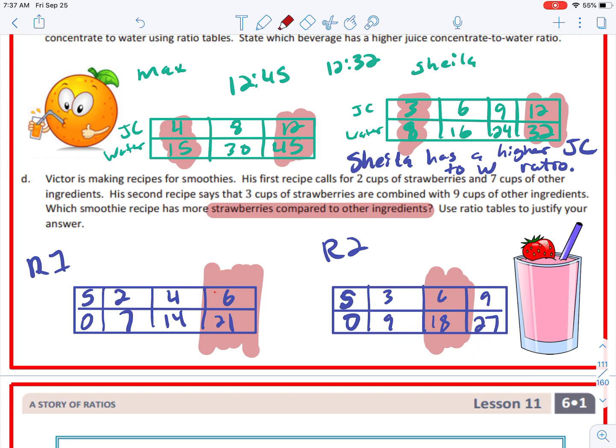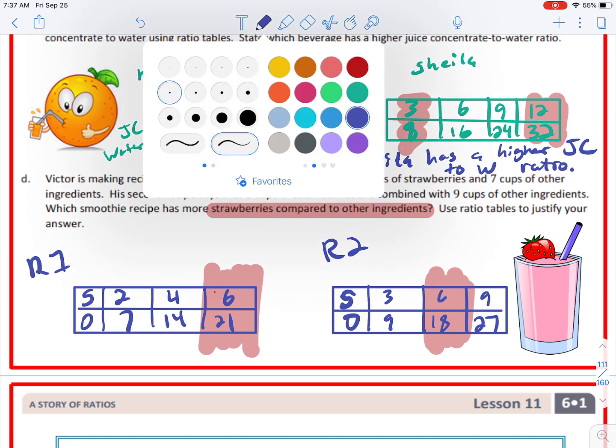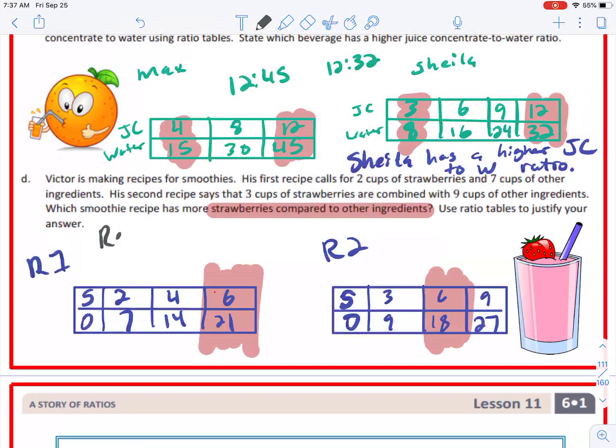For recipe 1, for every 6 strawberries, they had 21 other ingredients. And for recipe 2, for every 6 strawberries, they had 18 other ingredients. So recipe 2 has more strawberries to other ingredients.